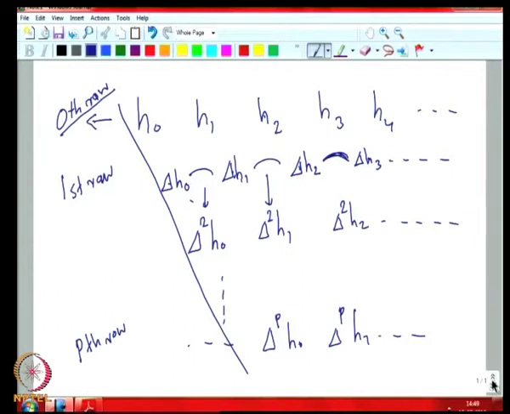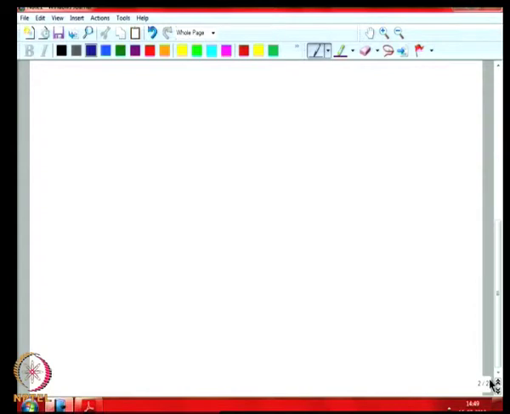Now, we will look at one property of the difference table when the underlying sequence H0, H1, H2 etc. is given by the general term Hn, which is a polynomial of degree p in n.